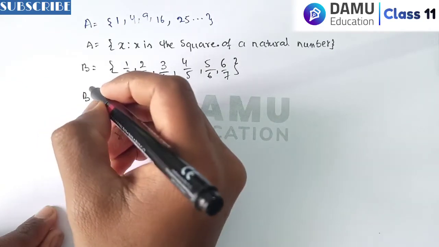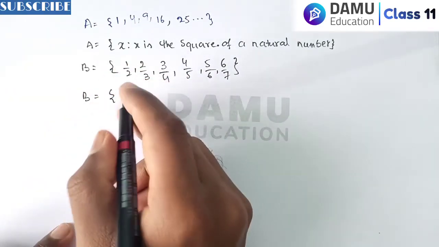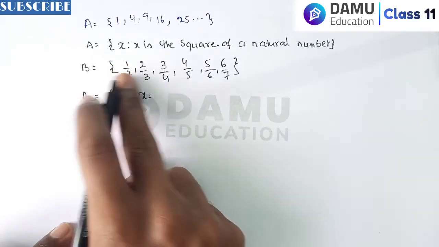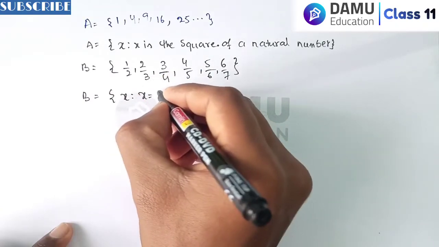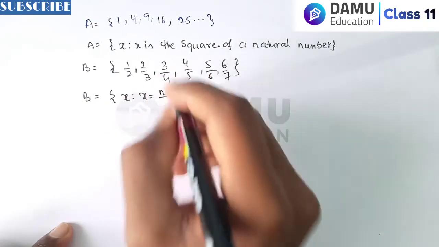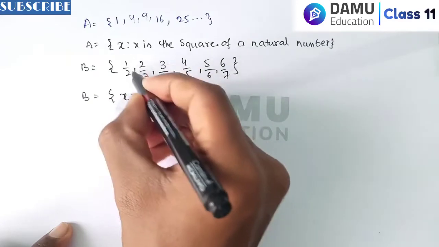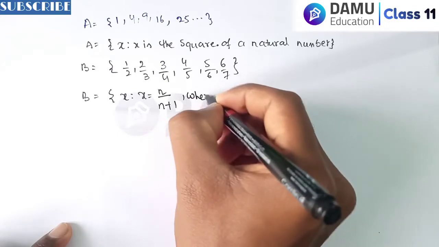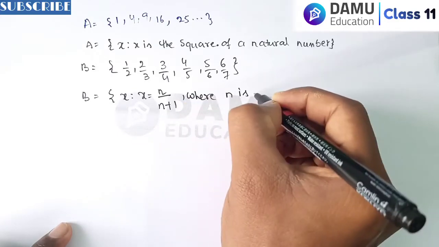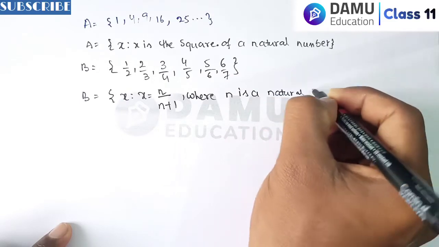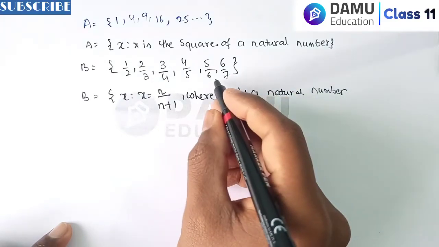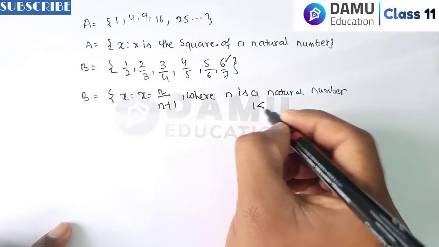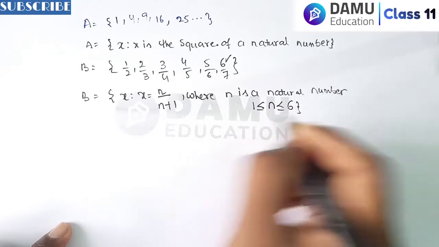B is equal to the set of all x such that x is equal to n by n plus 1, where n is a natural number. Here n started with 1 and finishes at 6, so 1 less than or equal to n less than or equal to 6.